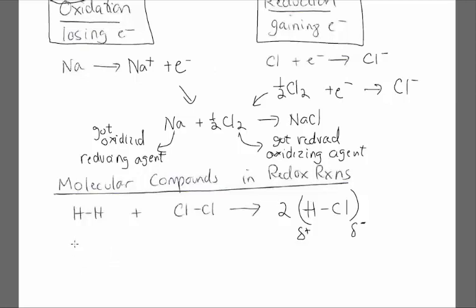So the hydrogen got oxidized, and therefore also was the reducing agent. And the chlorine got reduced, okay, it became more negative, and so it was also the oxidizing agent.